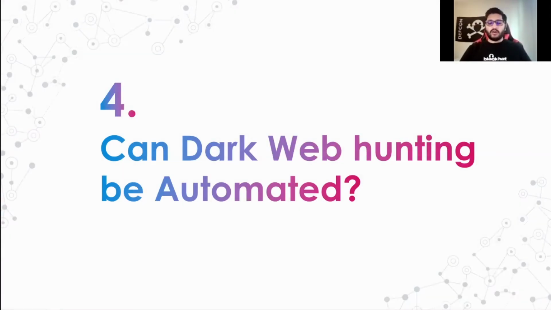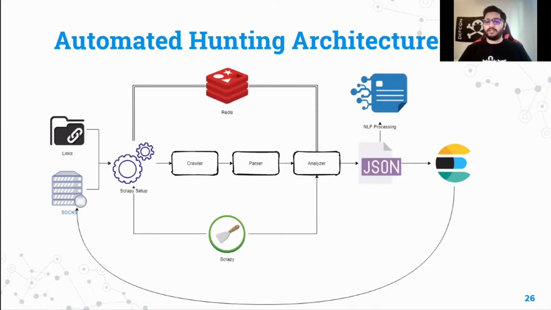Coming to how you can automate your dark web hunting, I will talk about one example of how you can automate this using tools. There are a lot of examples in this image itself. You can arrange different processes to get data from the dark web.